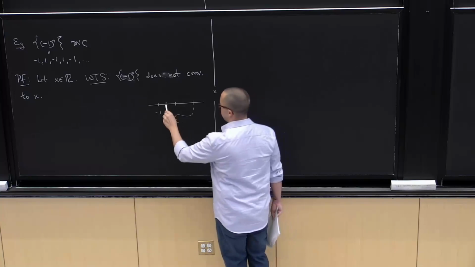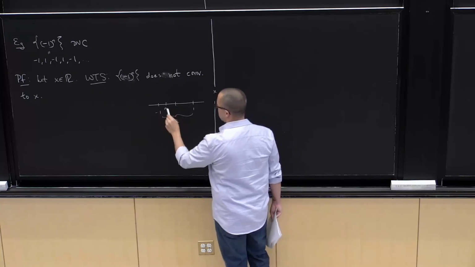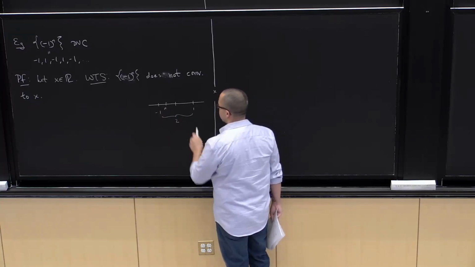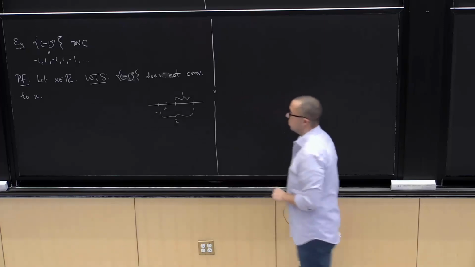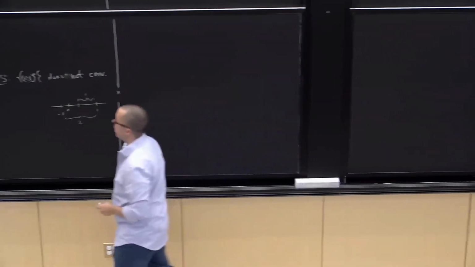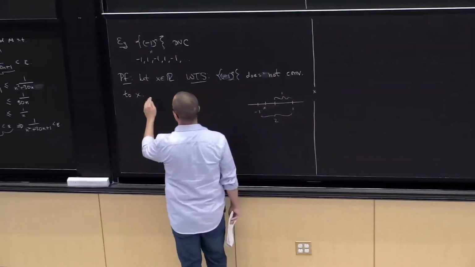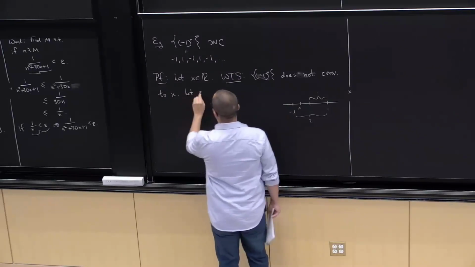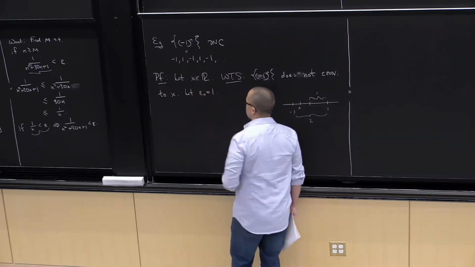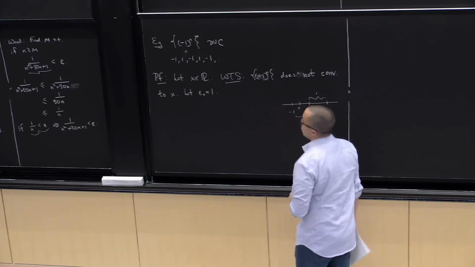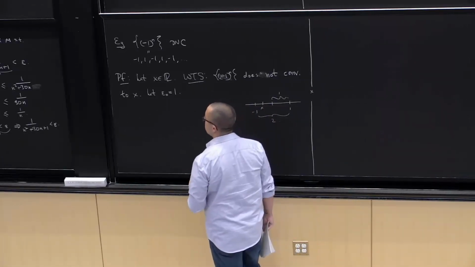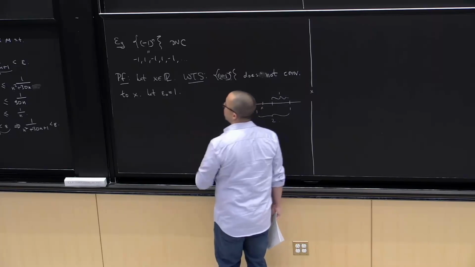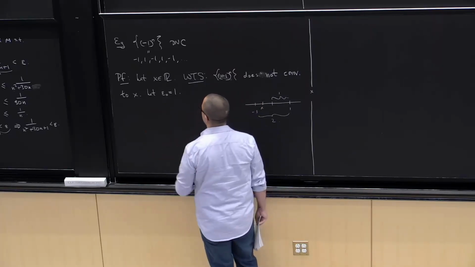Okay, so you can imagine x is over here, minus 1 is within distance 1 to x, but then 1 would be greater than distance 1 to x. Okay, so our bad epsilon naught was going to be 1, as we'll see. Let epsilon naught equal 1. That's our bad epsilon. So now we have to show for all capital M a natural number, there exists a little n bigger than or equal to capital M, so that we have that inequality.